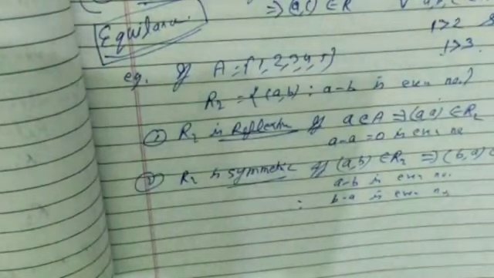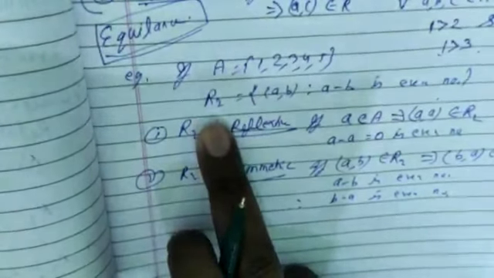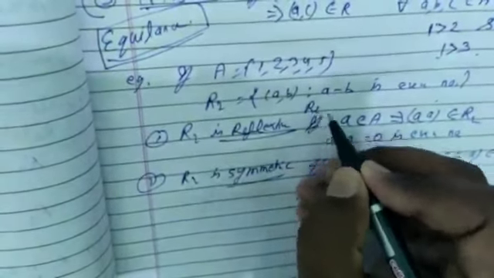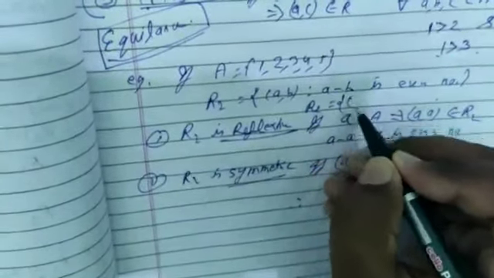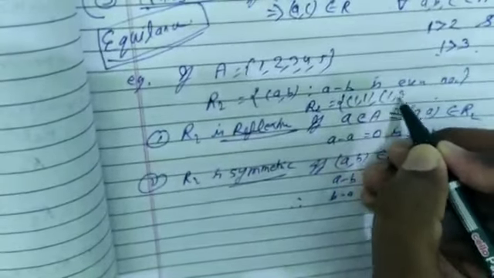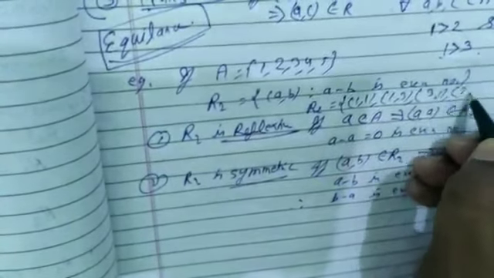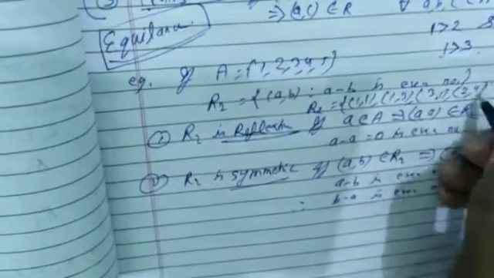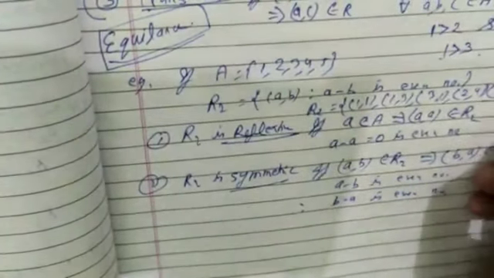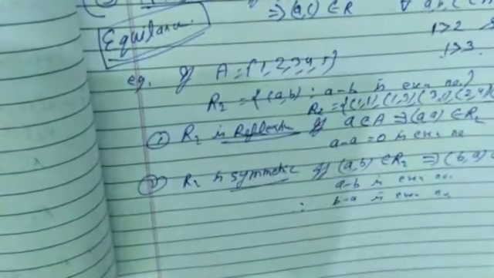R2 is a set, and its solutions are (1,1), (1,3), (3,1), (2,4), (4,2), and so on, then (5,5).